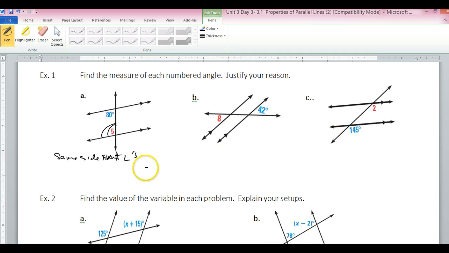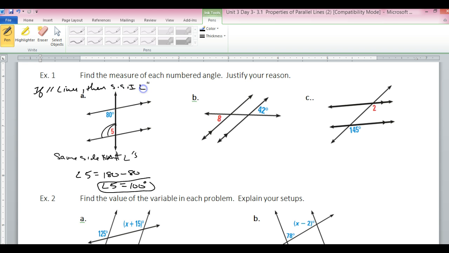So if these two angles are supplementary, angle 5 is equal to 180 minus that 80 degrees, and angle 5 is 100 degrees. Done. When it says to justify a reason, we say if parallel lines, then same side interior angles are supplementary.